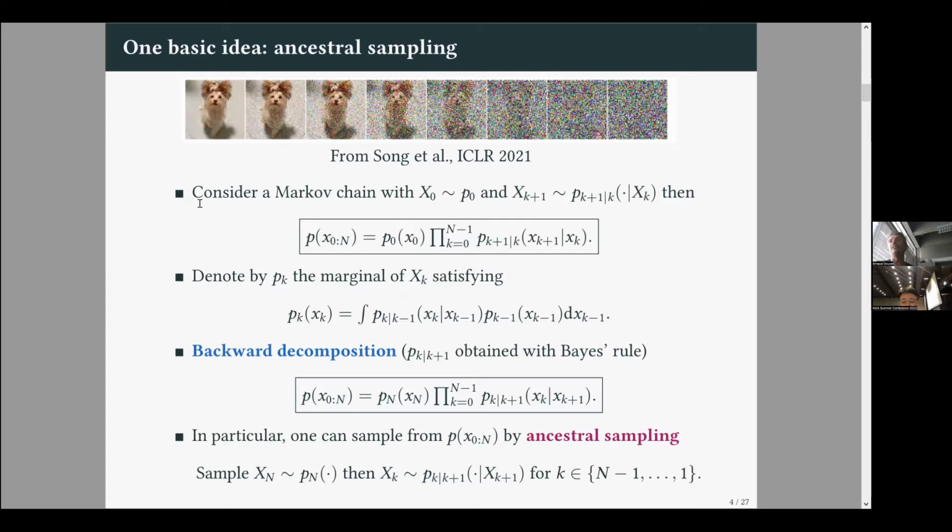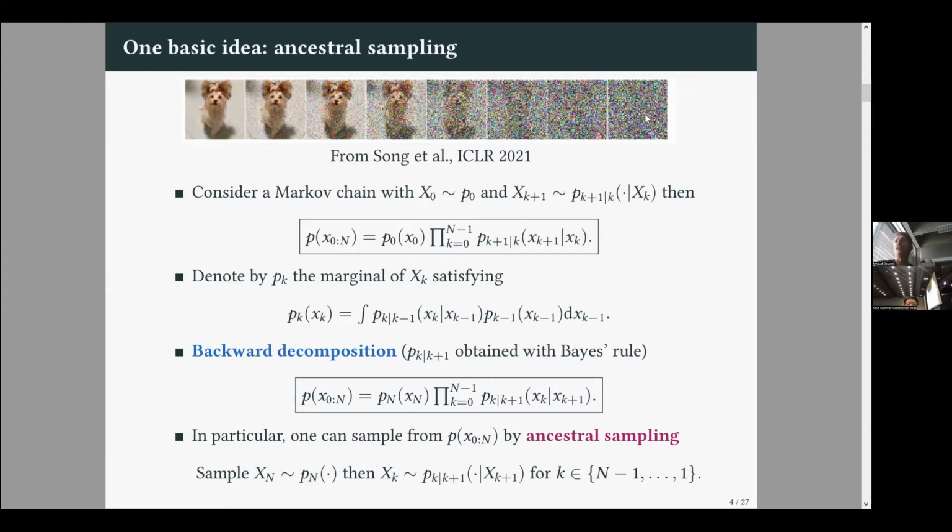This is what is represented at the top of my slide. You could sample from your database of images an image of a dog, and then define some forward transition kernel that progressively transforms this image into a Gaussian noise sample. That's the forward dynamic. And we're going to try to invert this dynamic.